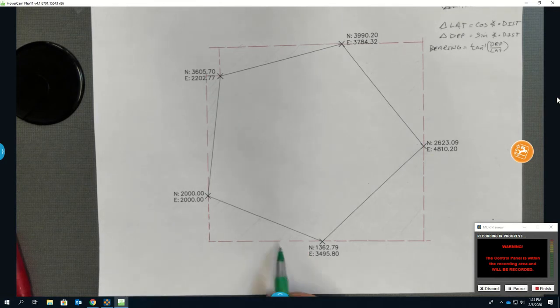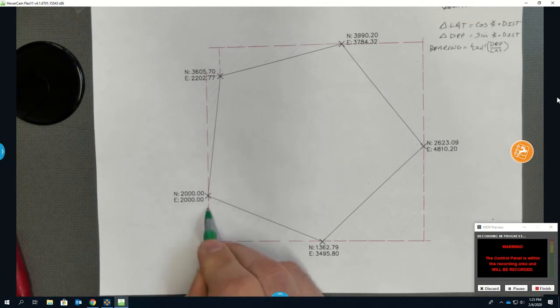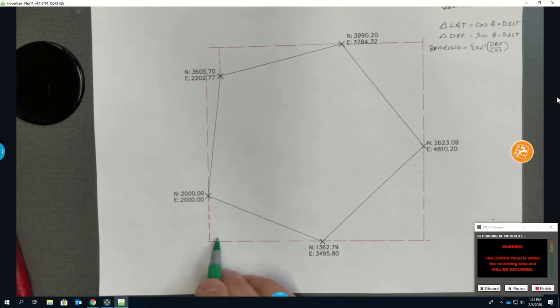So what is my change in latitude here? That would be this, the change in the northings for this particular figure. And I want to preserve the sign, not the side.